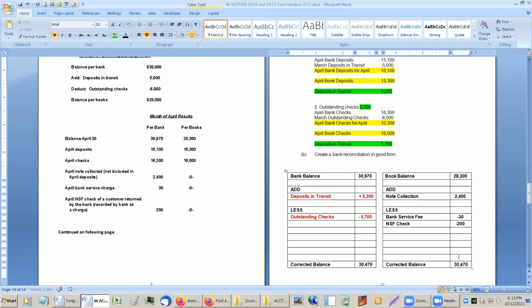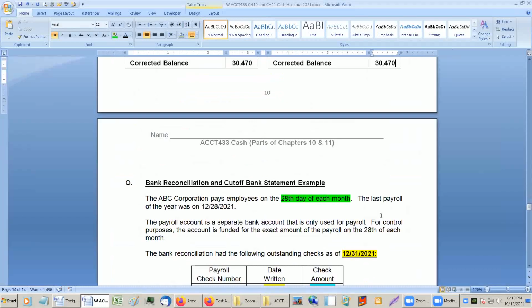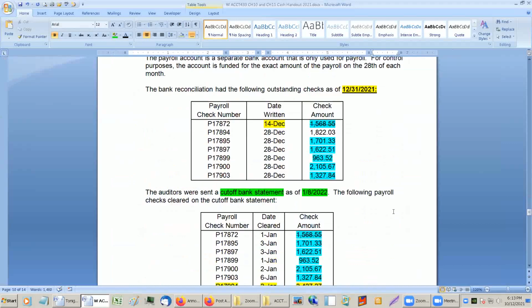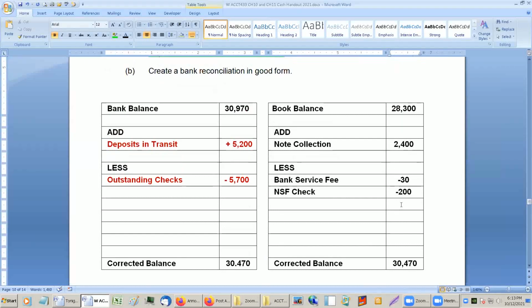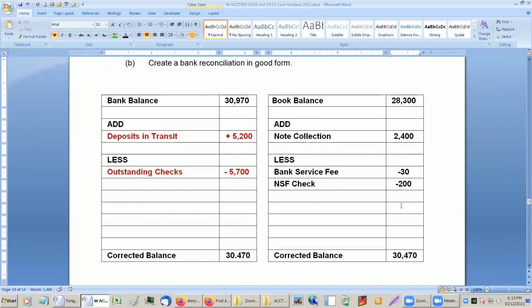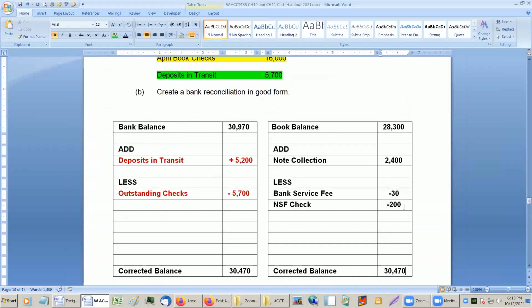And there will be one of those in the test. Top part here.